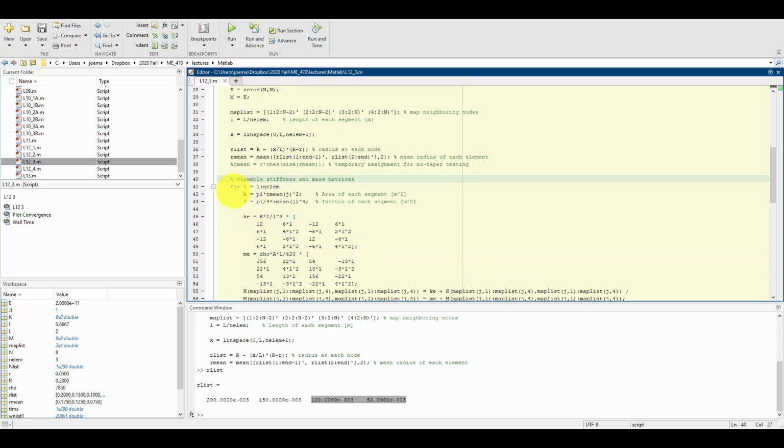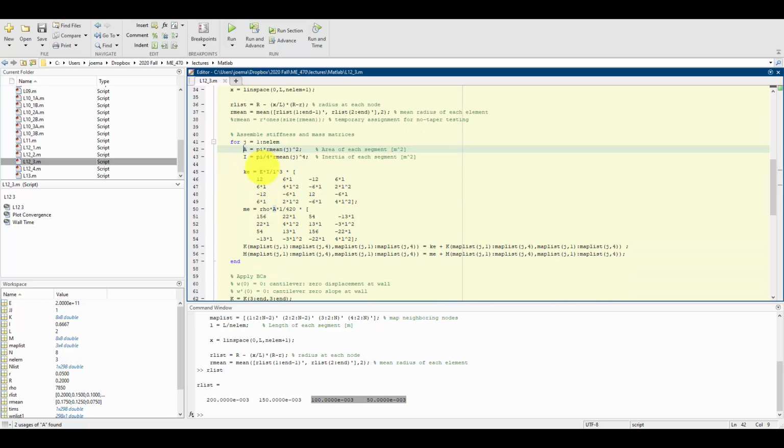And that's what I'm doing here as I go element by element and I calculate their local stiffness and local mass matrices. For each element, I'm computing its A and its I that is going to be constant the whole way through. So that's what I'm doing in lines 42 and 43, and use those values for my local stiffness and local mass matrices, for here the I, and for the A in my mass matrix. Then just like before, I put them into the global matrix in the correct spot.